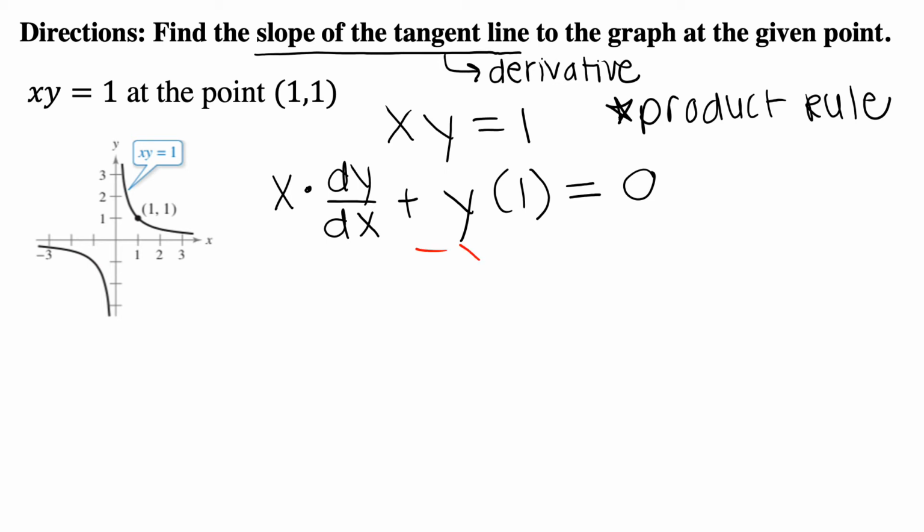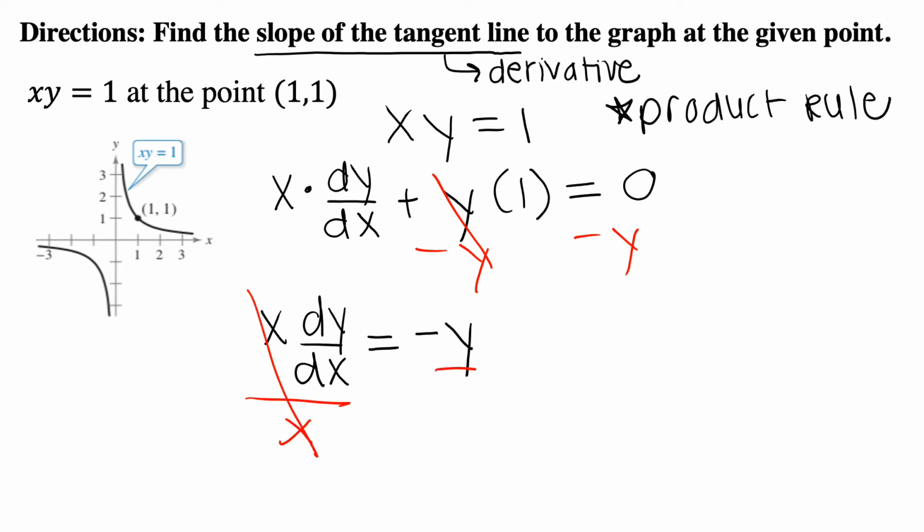So subtracting y, I get x dy dx equals negative y. To get dy dx all by itself, we can divide by our x term. So we have dy dx equals negative y over x.